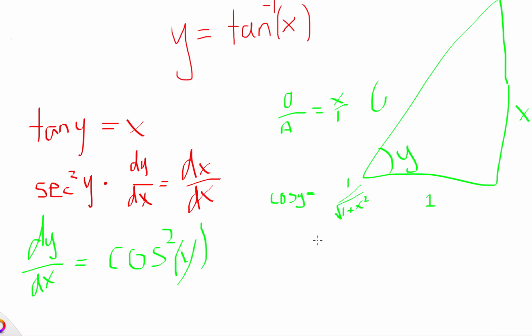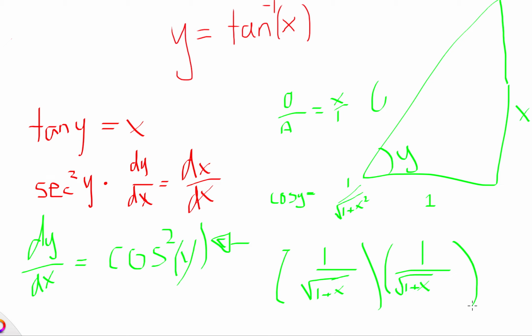Okay, so that's what cosine y equals. But we need to figure out what cosine squared of y equals. So we'll just square this. Just multiply it by itself. Multiply 1 by 1, what does that equal? 1. Square root times square root is just the stuff inside. And I'm making another mistake here. This should be squared. So this is what our answer is.